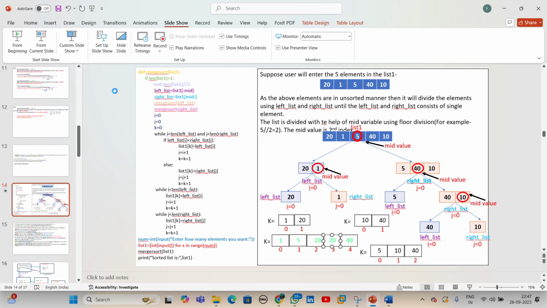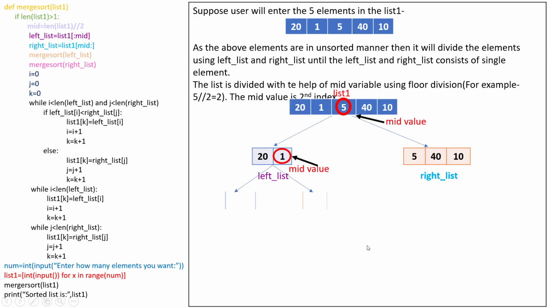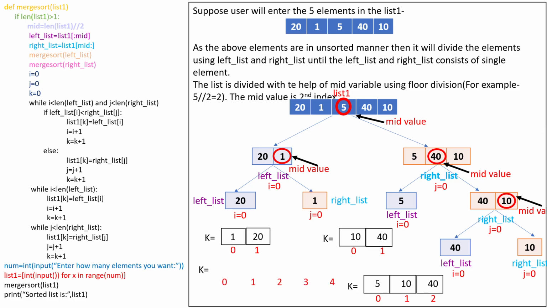Okay, now we'll come across this. Now the 0th position will be compared. Now k will be placed by the 5 element from that particular right list.